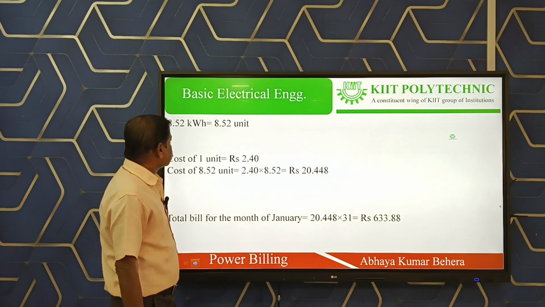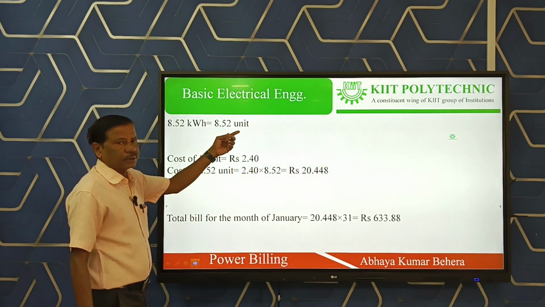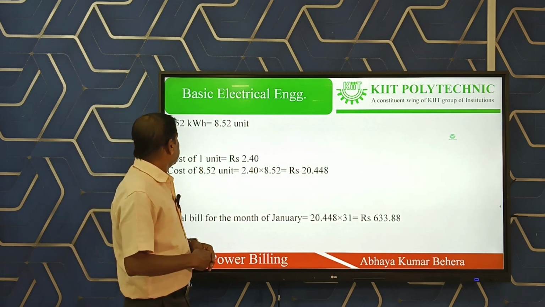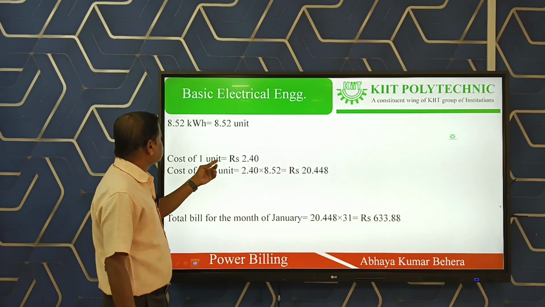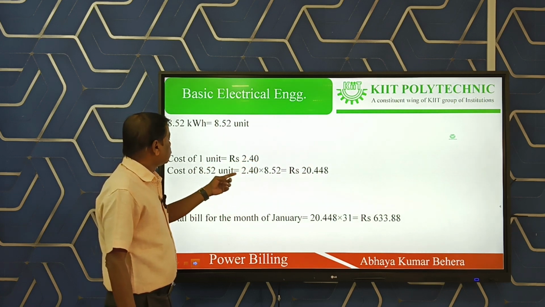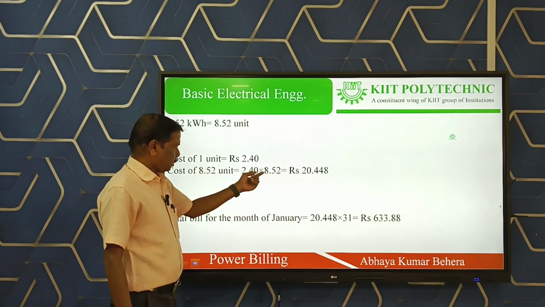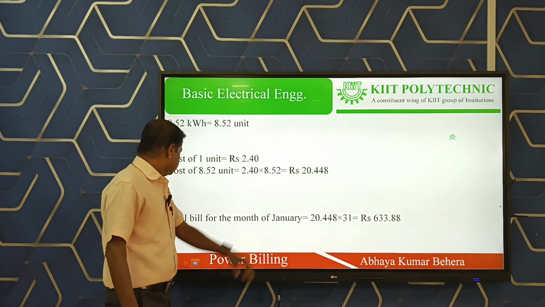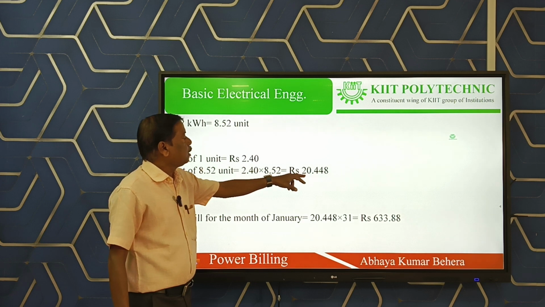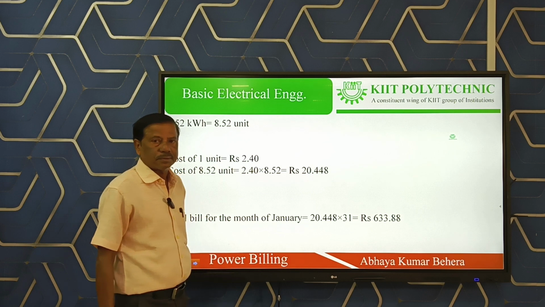So 8.52 kilowatt hour is 8.52 units. 1 kilowatt hour, as I mentioned, is 1 unit. The cost of 1 unit is 2 rupees 40 paisa. So my total is 8.52 units, 2.40 into 8.52. Per day I have calculated, I have to pay 20 rupees 44 paisa.